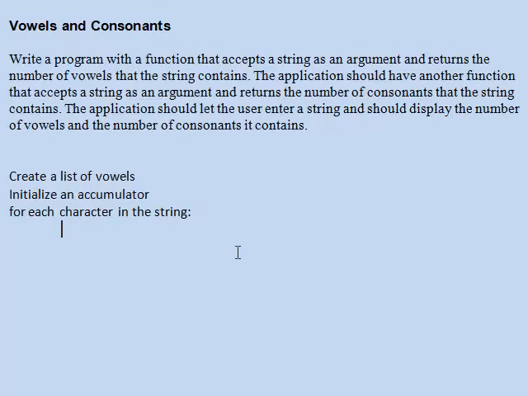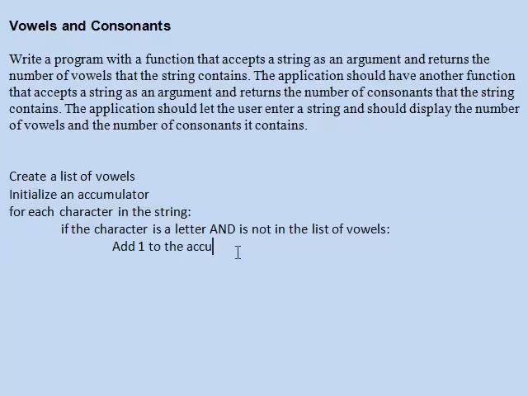But inside the for loop, our testing is going to be different. It's going to look something like this. If the character is a letter, in other words, if it's an alphabetic letter, and is not in the list of vowels, add 1 to the accumulator.